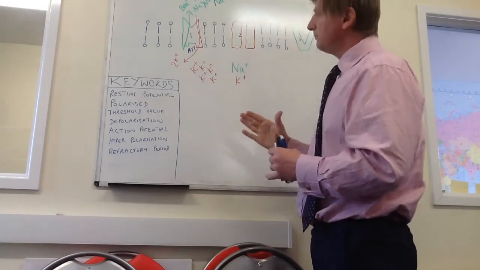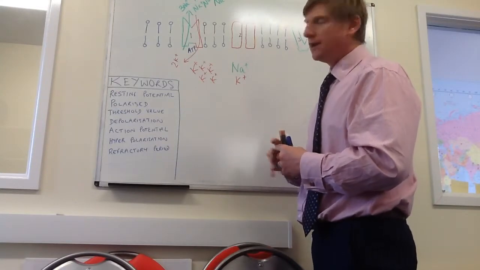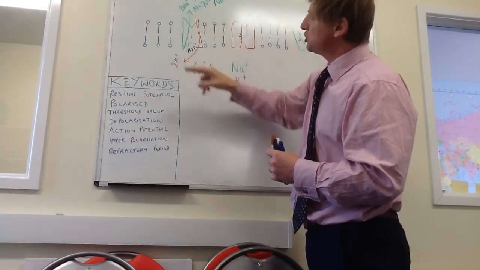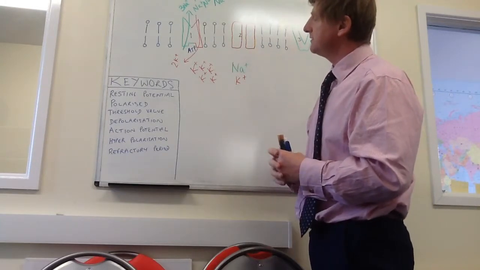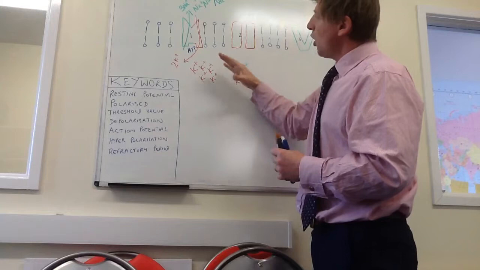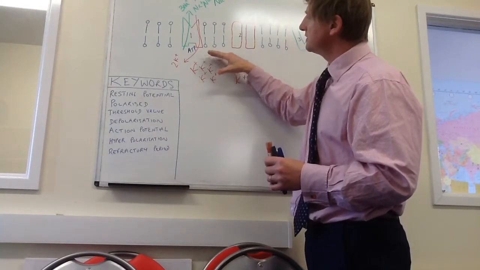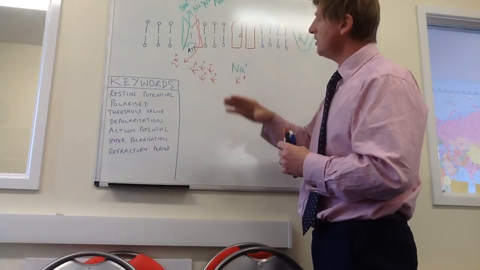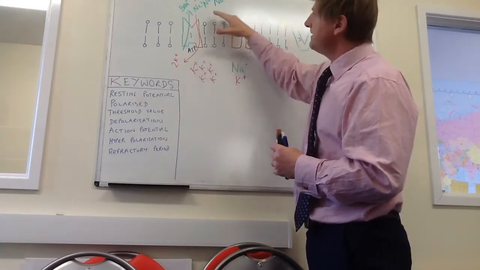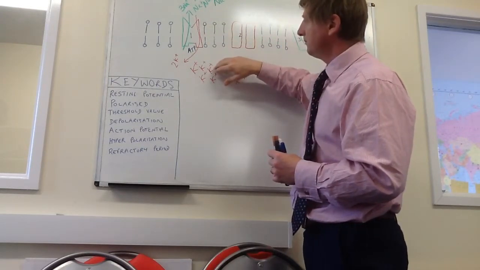Now that forms a bit of an electrochemical gradient, because if the ratio is 3 to 2, plus ions being ejected and pumped in, then the relative, and this is an important word here, the relative charges of outside and inside the membrane are going to be different. And this is going to be more positive than this.